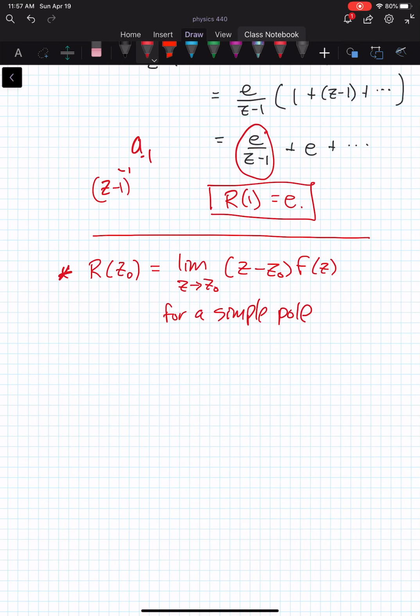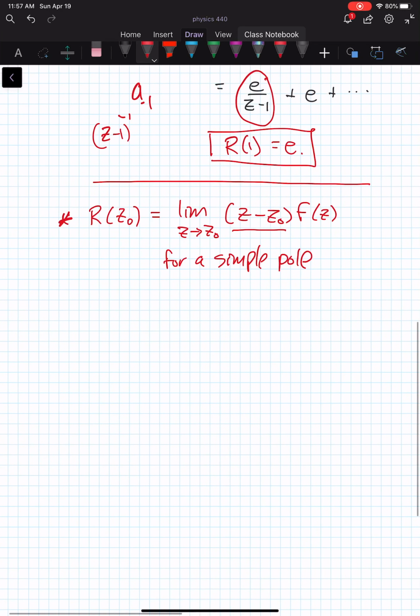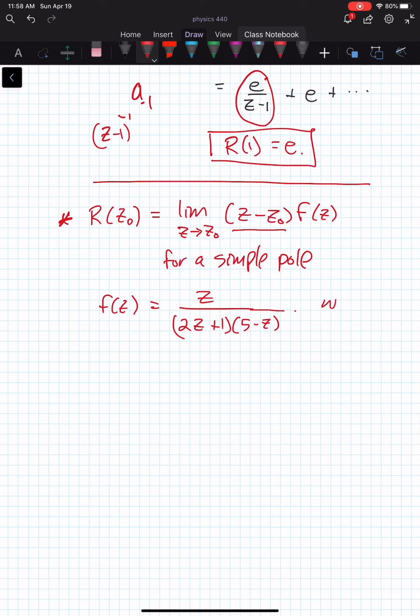If you imagine you have the Laurent series and you multiply all of it by z minus z naught, now that means as z goes to z naught, everything goes to 0 except for the 1 over z minus z naught term in that limit. So let's look at one example. f of z is equal to, say, z over 2z plus 1 times 5 minus z. And we have, okay, first, where are the singular points?